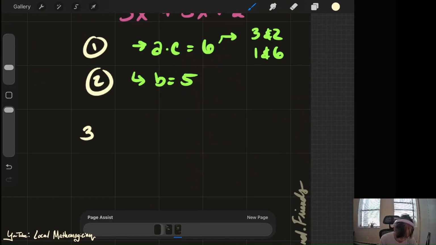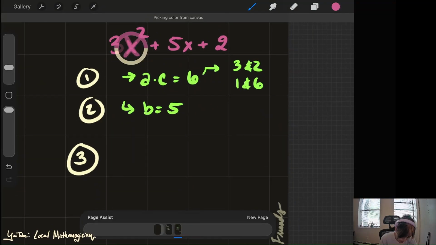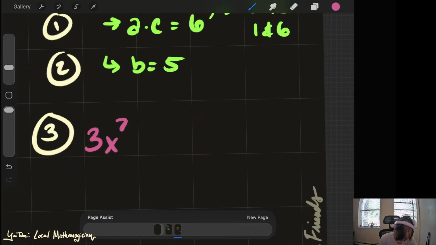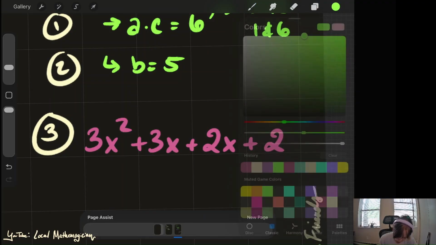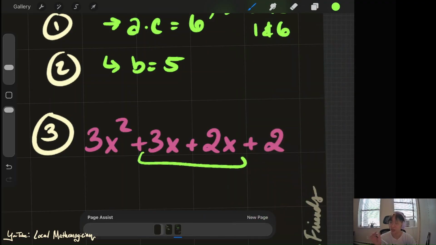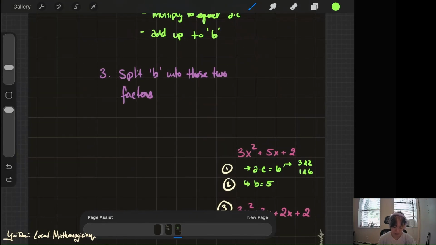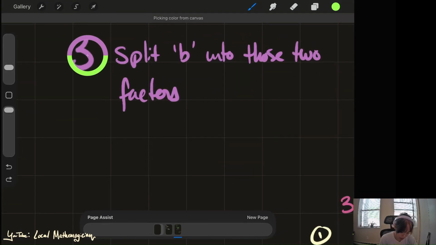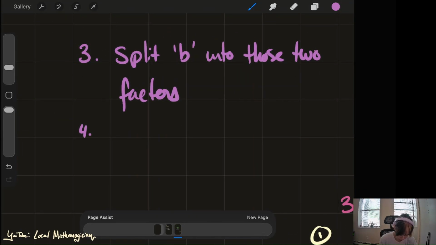So now you're going to write 3x squared plus 3x plus 2x plus 2. Do you notice how the b has been split, like additively? Once you hit here, you're going to factor by grouping.